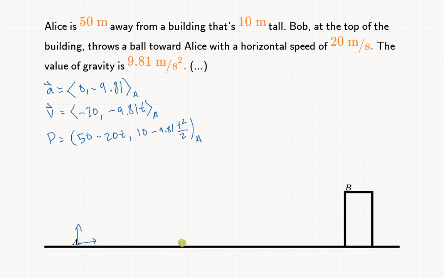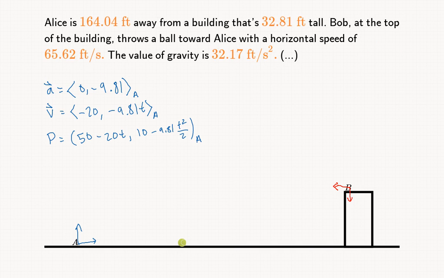Okay, now let's say someone else is approaching this problem, and they set up their coordinate system to be centered at Bob with axes like this. So now right and down are positive. And maybe they're also measuring in feet rather than in meters. So this person's expression for the acceleration vector is going to be <0, 32.17>.